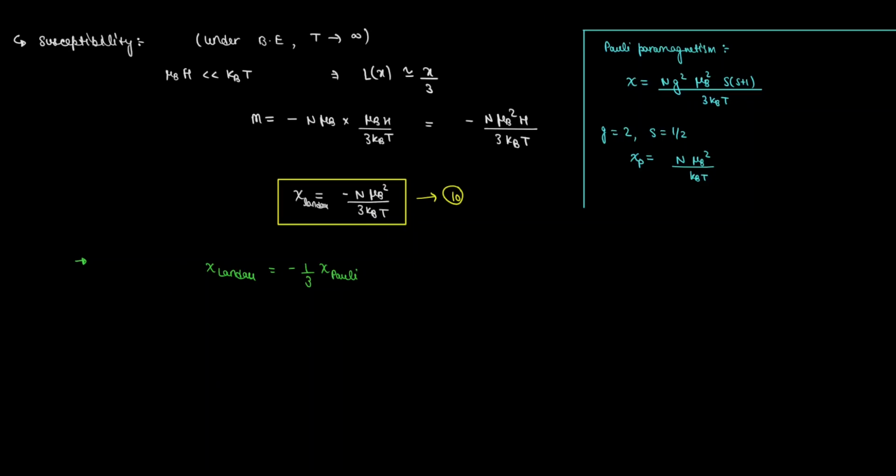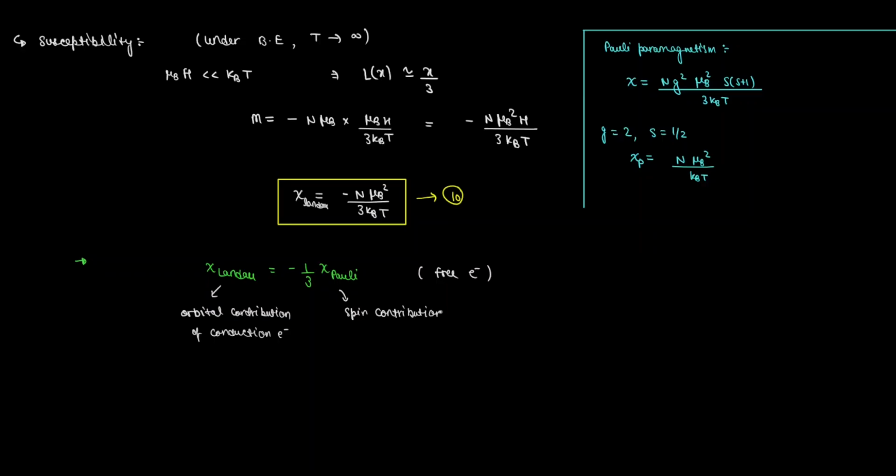Since both Landau diamagnetism and Pauli paramagnetism are associated with free electrons, so therefore we can say that the orbital contribution of conduction electron is equal to minus 1/3 of spin contribution of conduction electron.